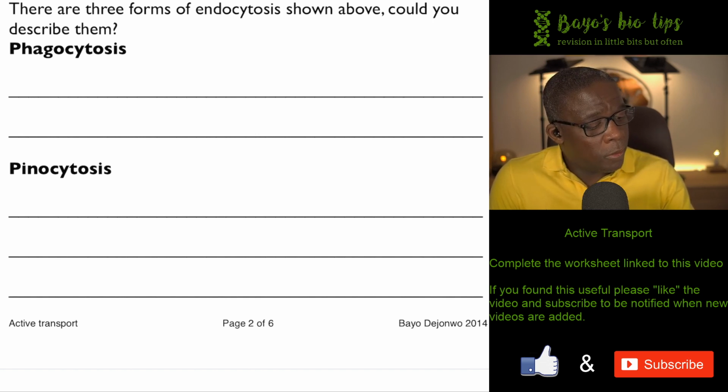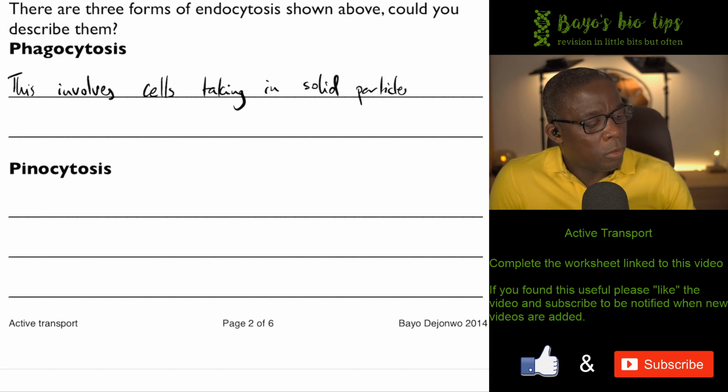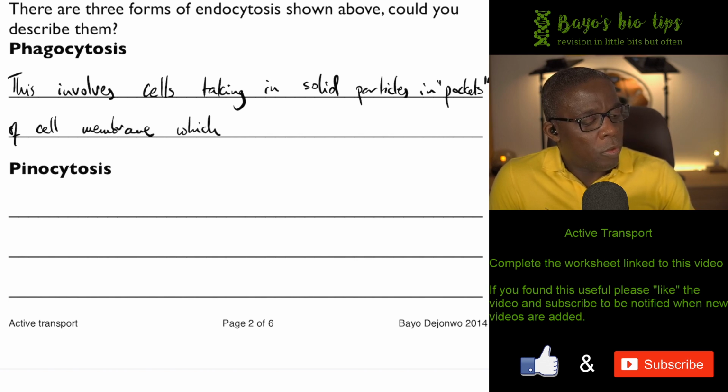So, phagocytosis. This involves cells taking in solid particles in pockets of cell membrane which form vesicles.